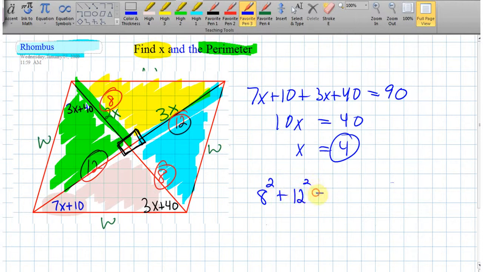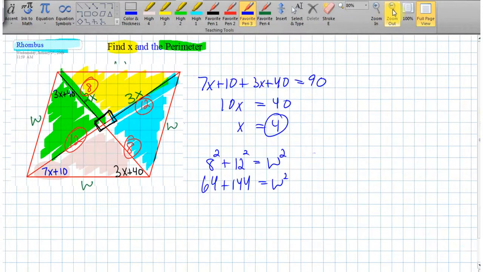8 squared plus 12 squared equals w squared. And so let's use a little Pythagoras in here. We got 64 plus 144 equals w squared. Let's scroll down a little bit. 64 plus 144 when I went to school was 208.